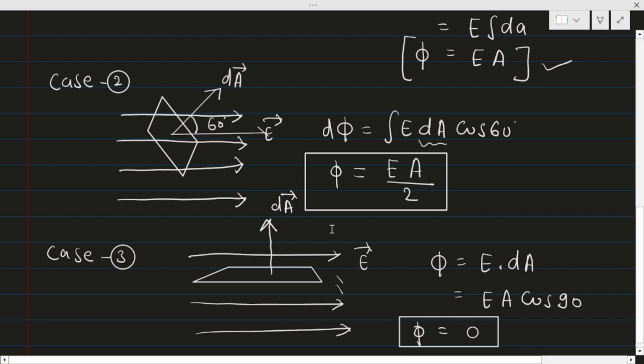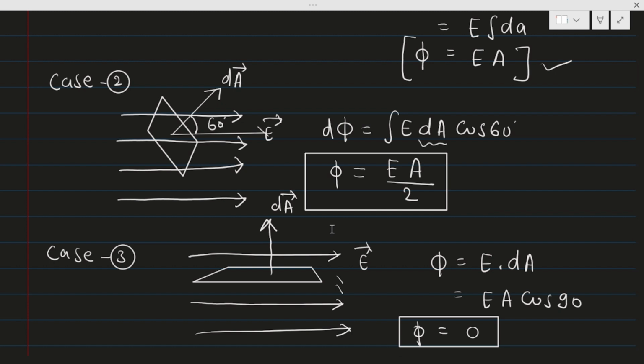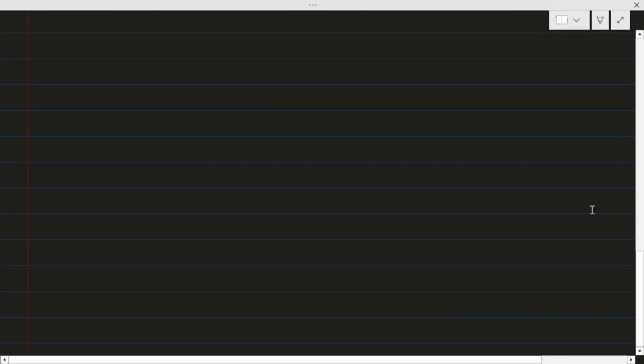So now we are at the stage at which we can understand Gauss law. To understand Gauss law, we will start from a very basic example.